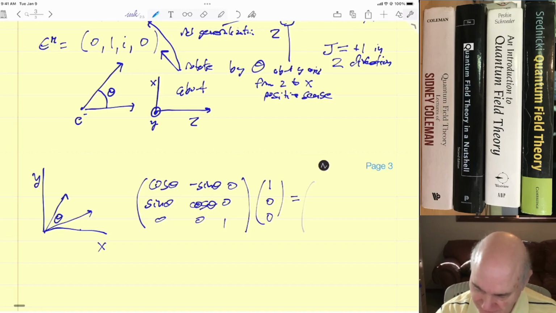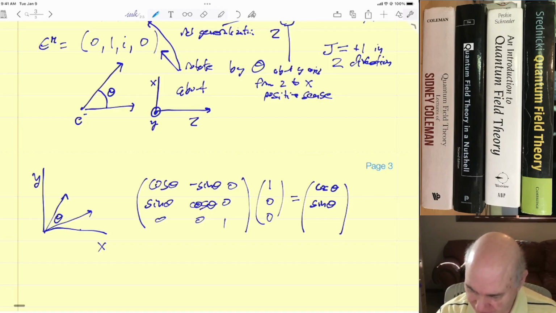After you rotate it, it's going to have cosine theta as the x component. That seems about right. And the y component is going to be sine theta. In other words, it starts out with an x component and no y component. Then it's going to rotate and develop a positive y component. So this seems right.